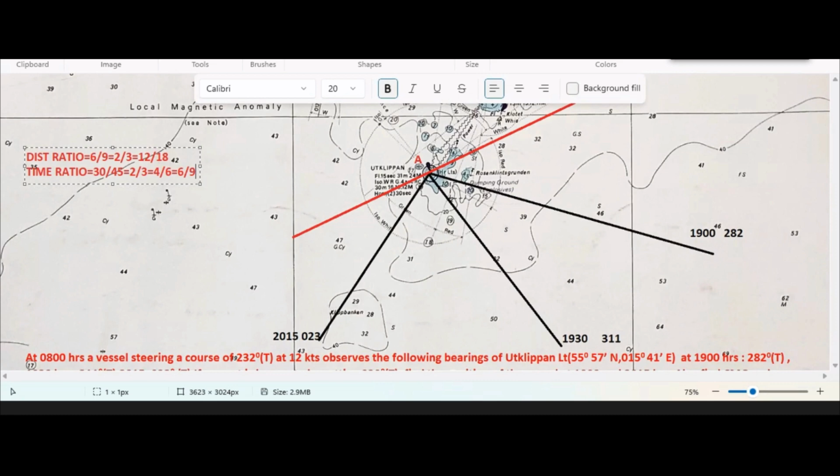You can take any one, distance ratio or time ratio. Suppose somebody takes 6/9, somebody takes 4/6, all answers will come the same.